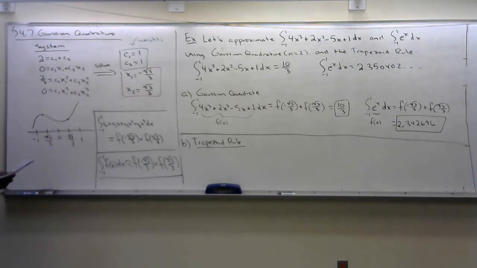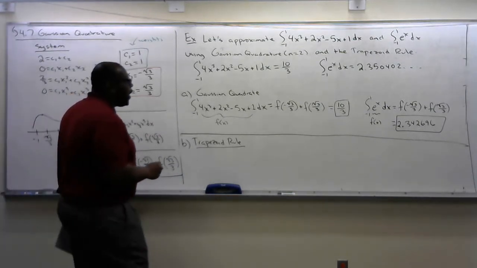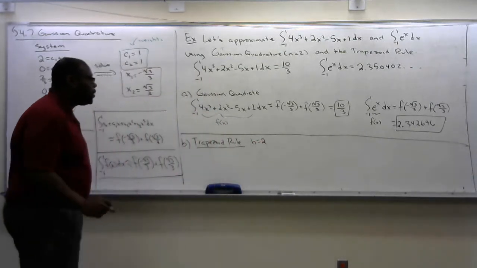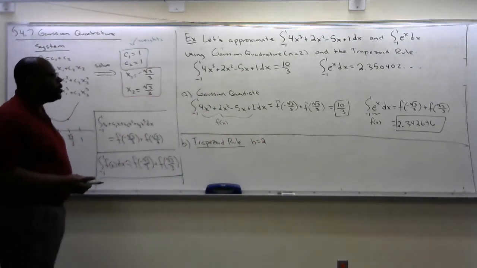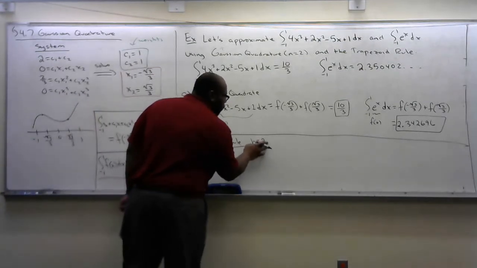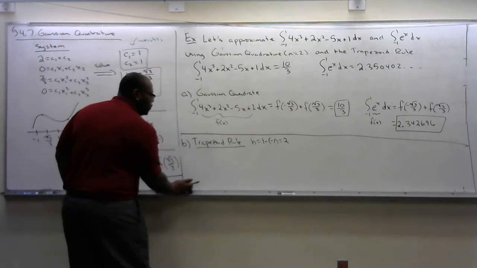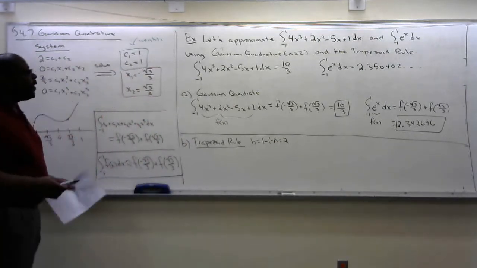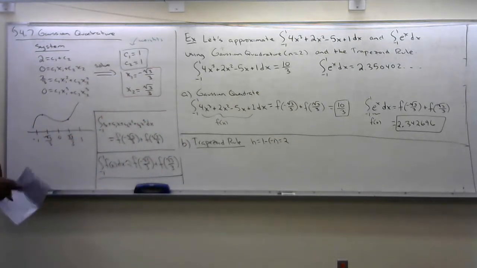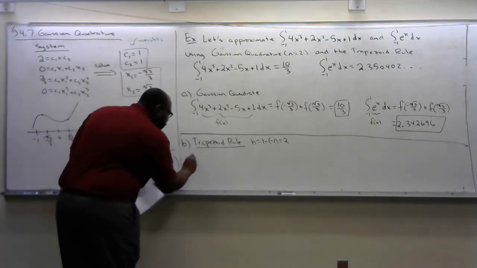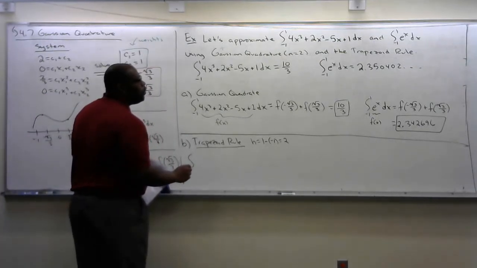All right, my h is equal to 2, just making sure, because we're going from negative 1 to 1. So I have 1 minus negative 1, which is 2. We're not splitting it up, we're not doing the composite rule, we're just doing a regular trapezoid rule. So negative 1 to 1.